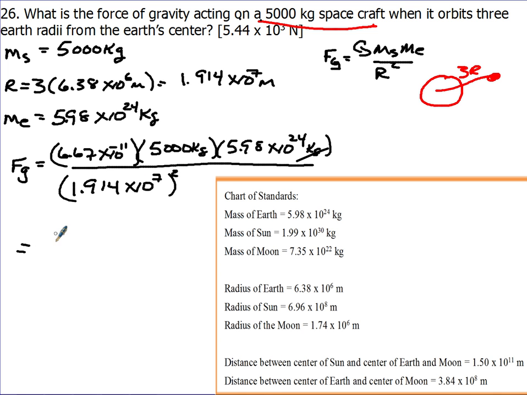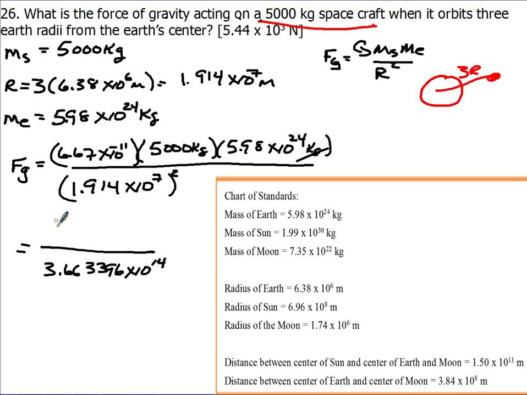Go ahead and write these numbers out. Now, I already got 1.914 times 10 to the 7th in my calculator, so I'm going to go on and square that. And I get that this is 3.663396 times 10 to the 14th.